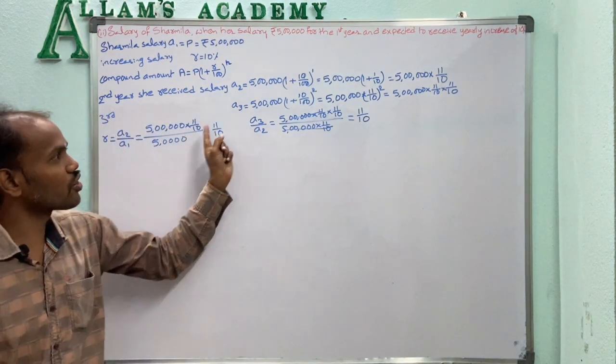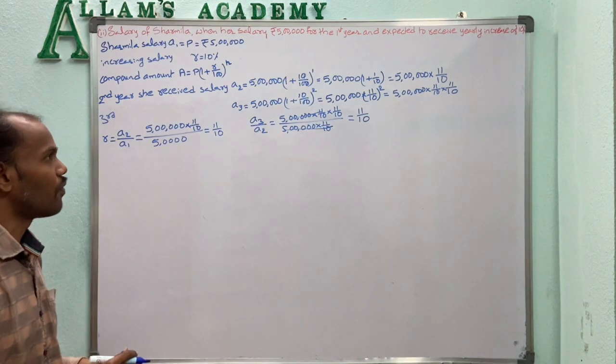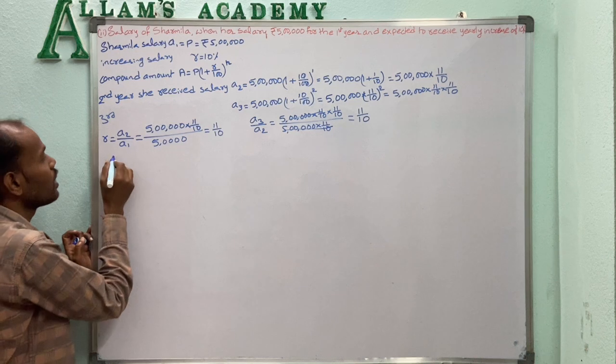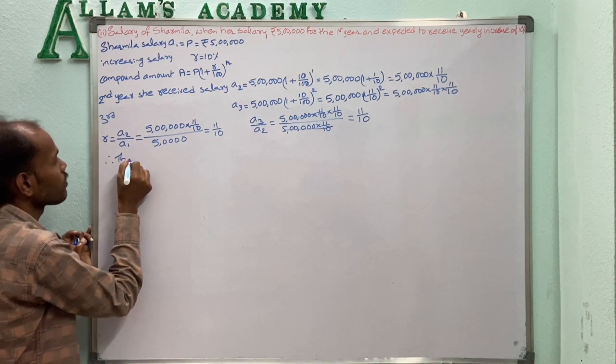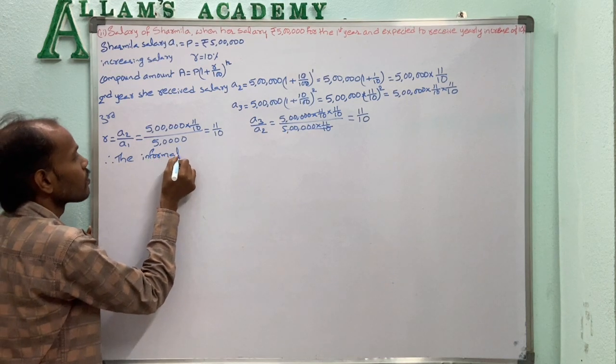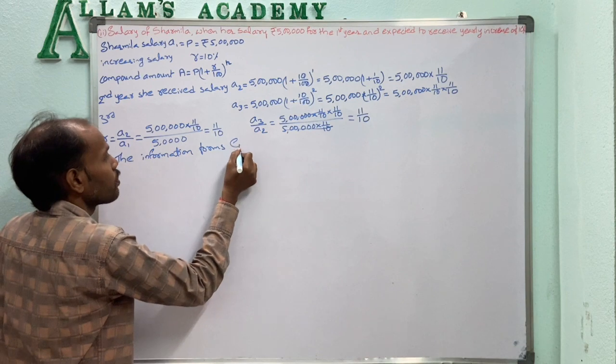Now in these two terms we observed 11 by 10 is the common value. So that is the fixed value, the common ratio is the same. Therefore the information forms geometric progression.